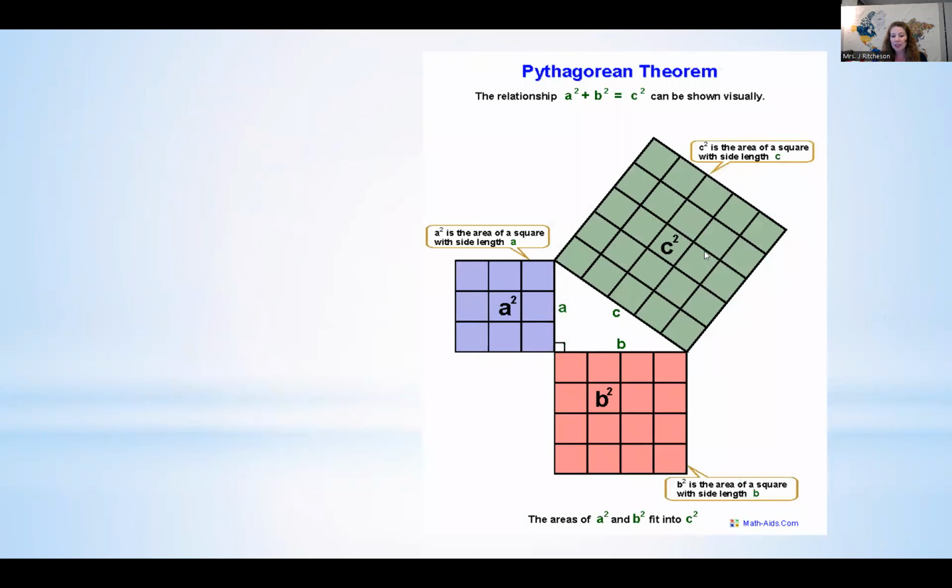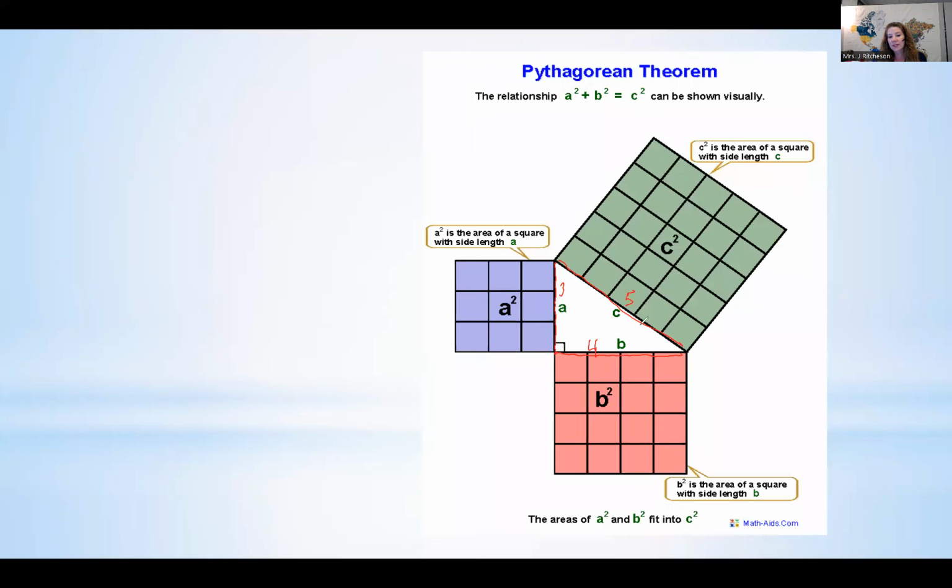So this is literally a picture of what the Pythagorean theorem tells us. It's telling us that if you take the side length of this perfect square, which is 3, and the side length of this square, which is 4, they relate to the length of this side, which is 5.